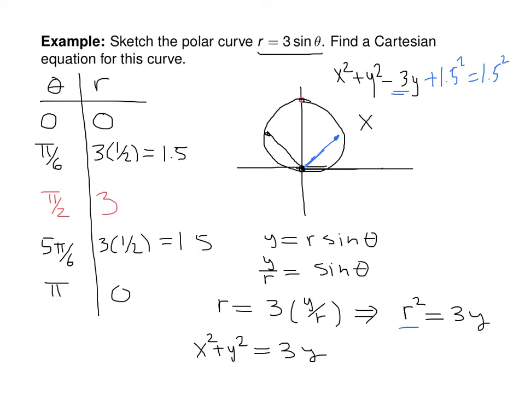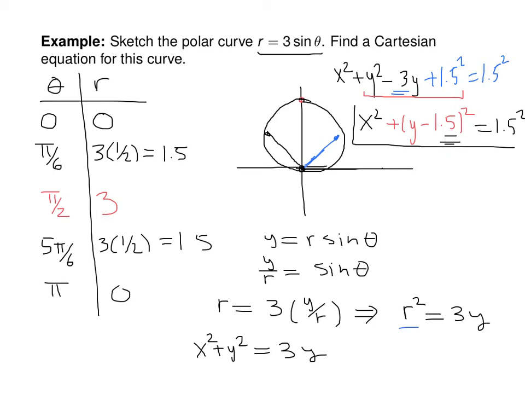Then we have x squared plus y squared minus 3y plus 1.5 squared, which factors into y minus 1.5 squared. And that's because 1.5 times 1.5 makes 1.5 squared, and 1.5 plus 1.5 makes 3.